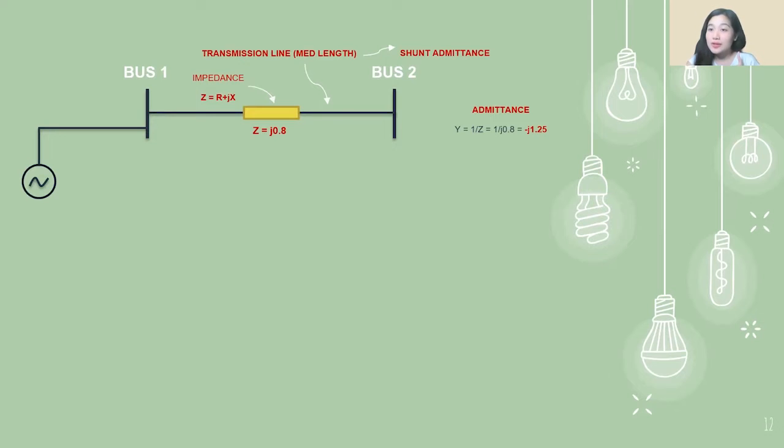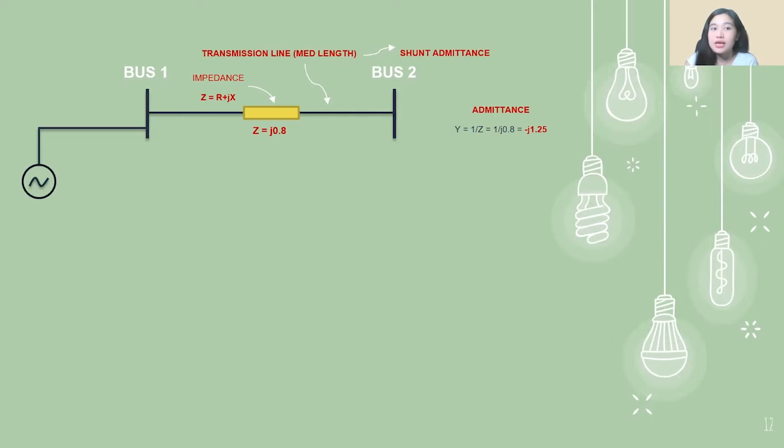Going back to our circuit, our admittance can be deduced from the reciprocal of our impedance, which is 1 over Z. In our example, we have our impedance, which is j0.8, the imaginary part of our impedance, because here we are just going to focus on the reactive component of our impedance rather than including the resistive part.